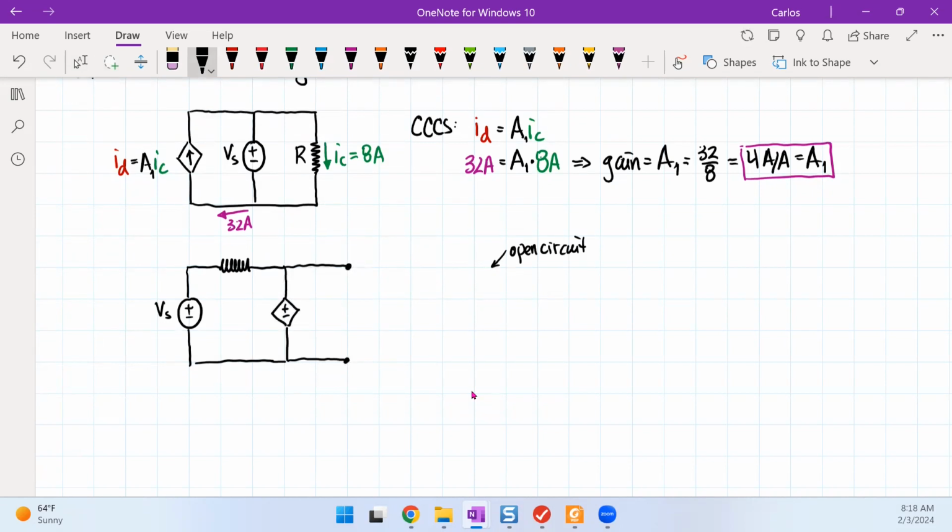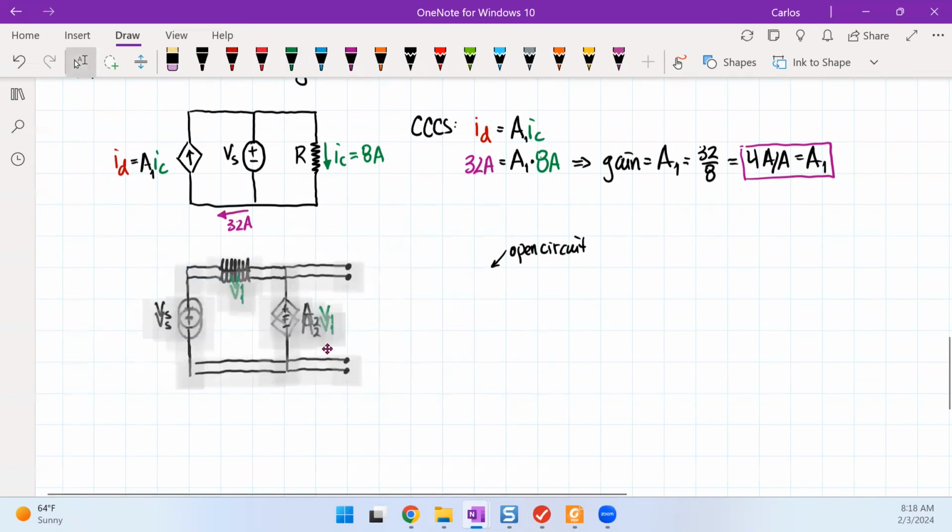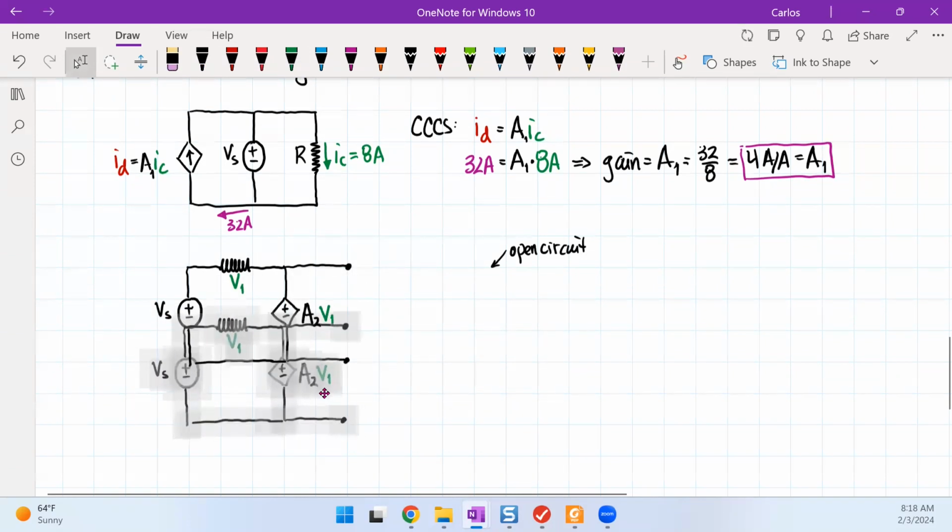I know I have a resistor here, and we're going to say that this resistor has a voltage of V1. So when I look at this voltage source, I'm going to say that this is a voltage-controlled voltage source. So what is controlling this voltage? That voltage V1.